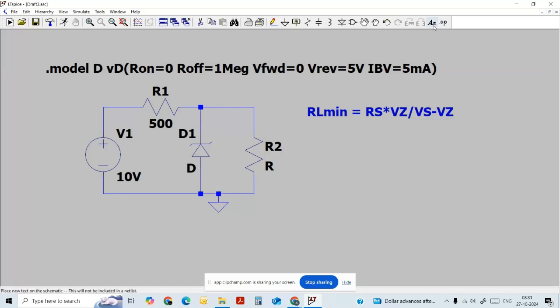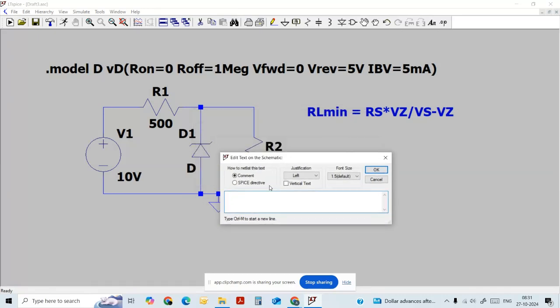So let us apply the values. RS is equal to 500 ohm into VZ as 5 volt divided by 10 volt minus 5 volt.